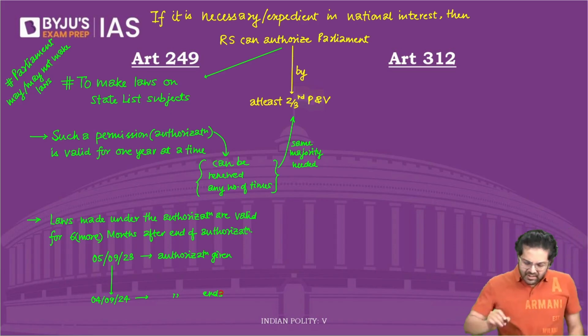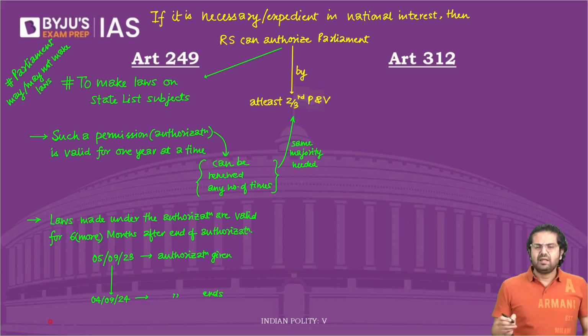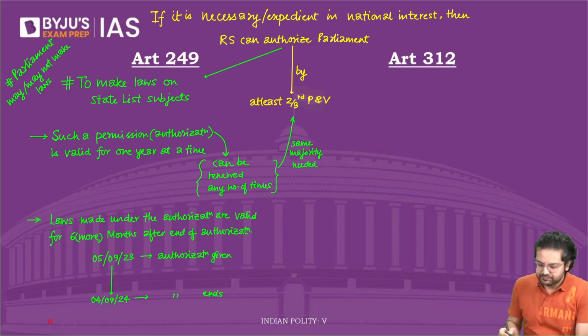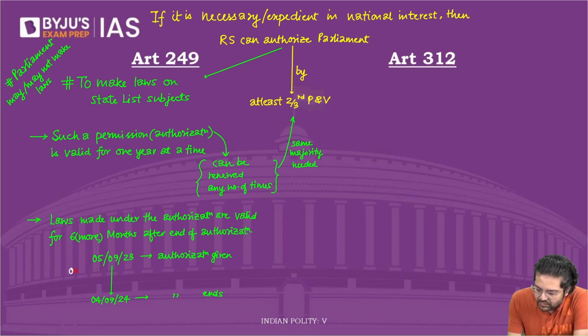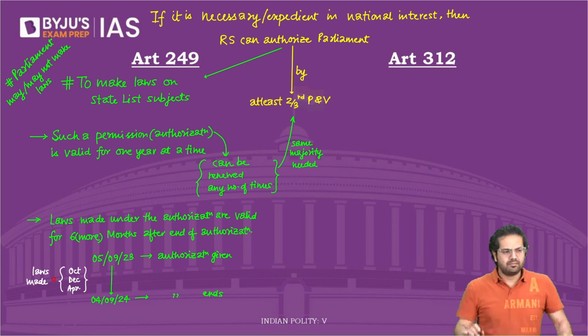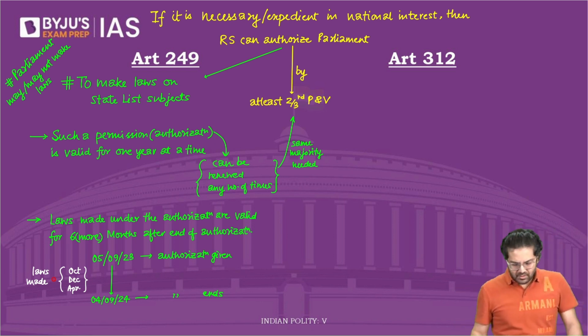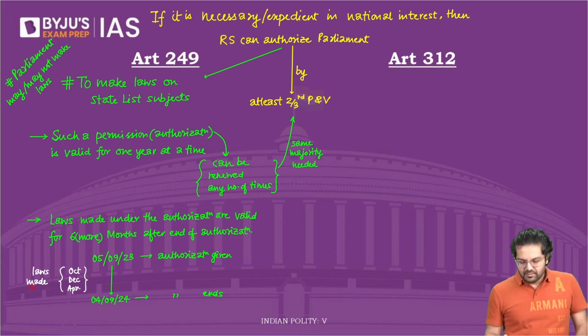Now, let us assume that, say, the Parliament does make a law in the month of October, in the month of December, in the month of April, etc. They make laws. Multiple laws are being made again and again. Okay? Once these laws have been made, whenever they are made, October, December, April, they continue till the permission continues. And also 6 months after the permission continues.